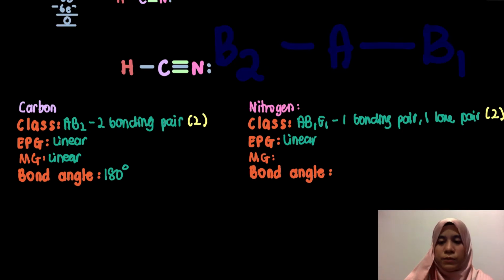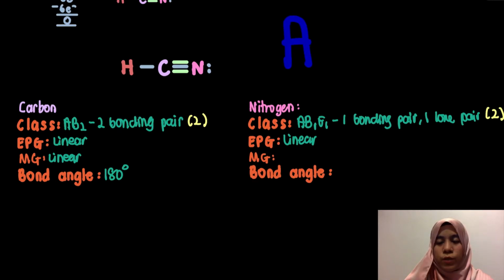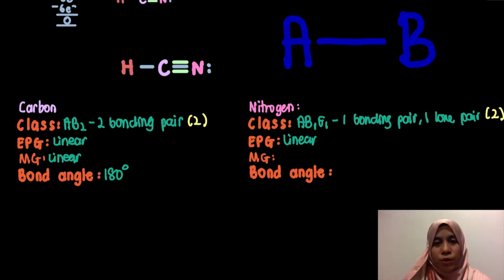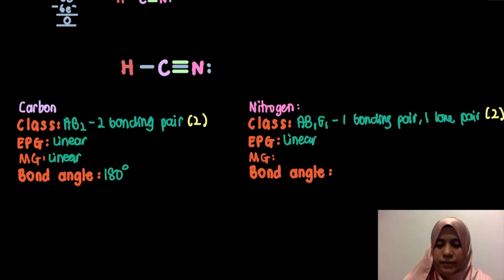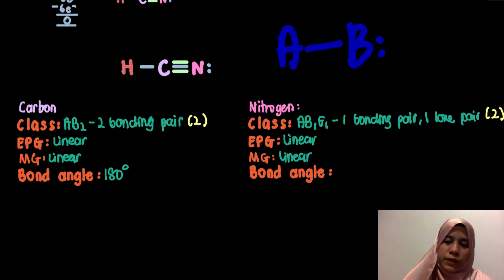Tapi kalau contohnya, it's only bonded to only 1 atom, bentuk dia apa? Sebenarnya bentuk dia pun linear juga. So, kat sini, linear. Okay, the bond angle pun, kalau 1 bonding pair, tak kisahlah lone pair tu, maknanya dekat sini, the bond angle tu sebenarnya 180 lagi.